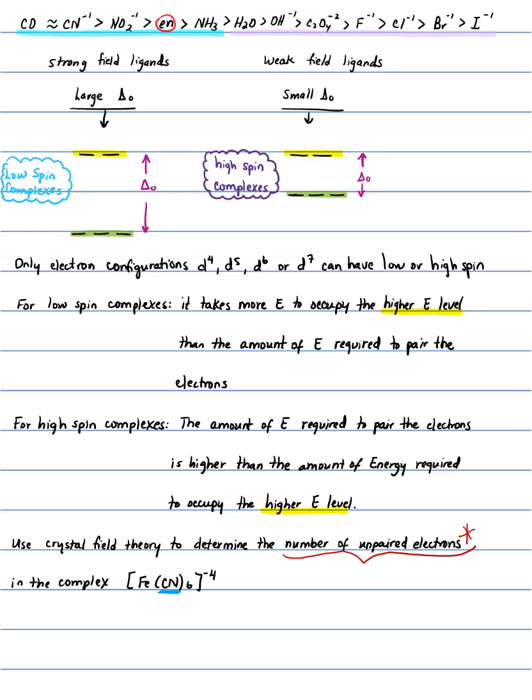So I have my electron configuration for iron 0, no charge, which will be argon 4s2 3d6. That's 26 electrons right there. Now we need to find out the oxidation number for the ion of iron in my specific example.